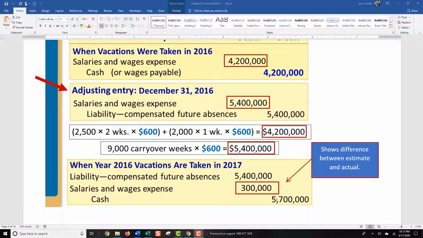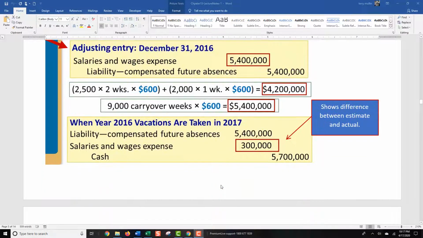When you actually calculate how much you owe those people, it's $5,700,000, based on what their actual wage rate is. So you have to cough up another $300,000. That becomes a wage expense in the current period. All right, let's move on.